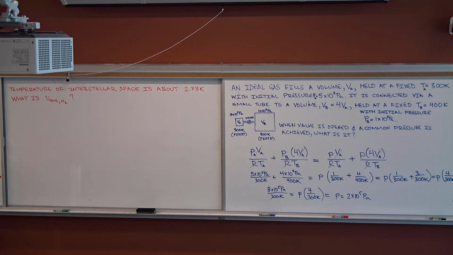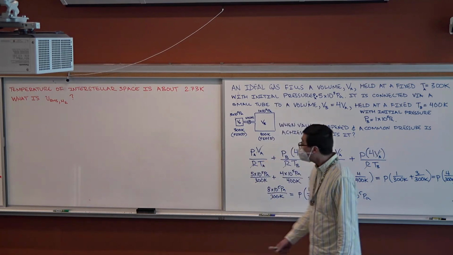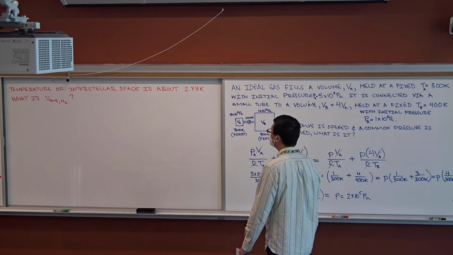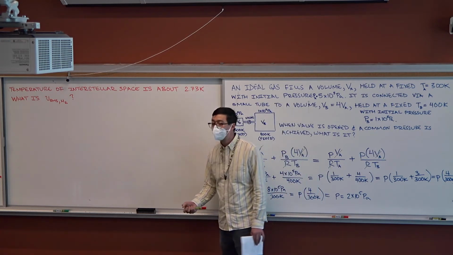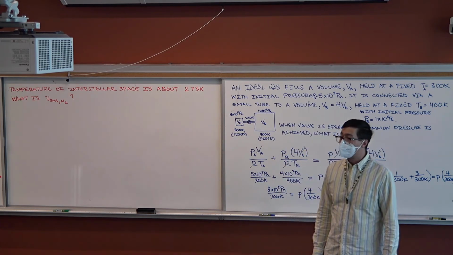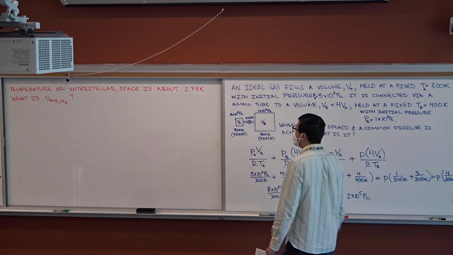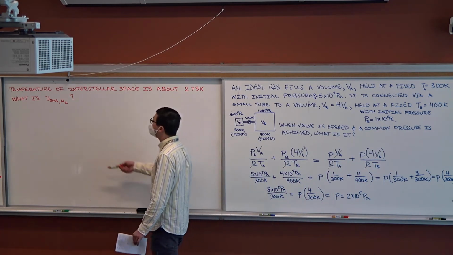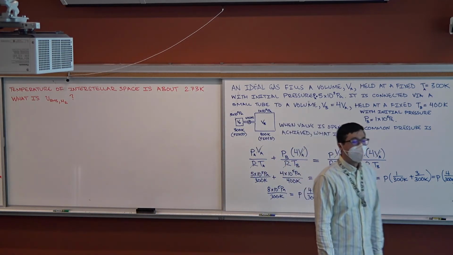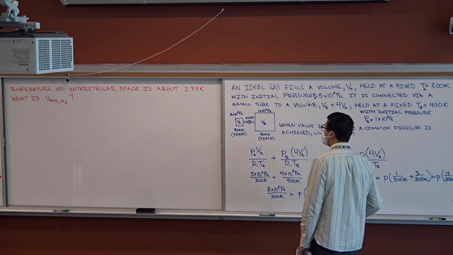Moving on to stuff that we were talking about yesterday in lecture. If the effective temperature of interstellar space is about 2.73 Kelvin, as measured by the cosmic microwave background radiation, CMBR, and we have interstellar molecular hydrogen, can we figure out what the root mean square speed is?